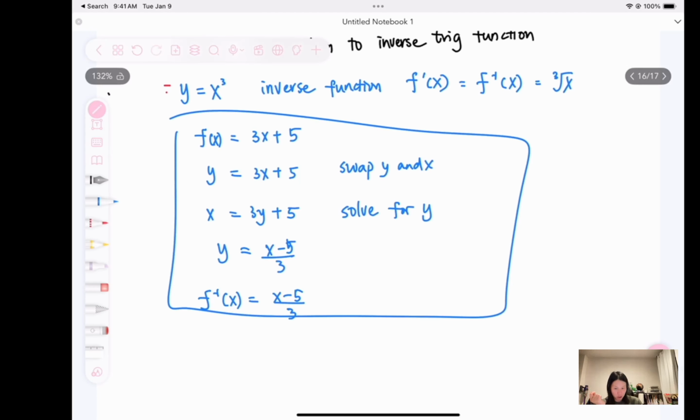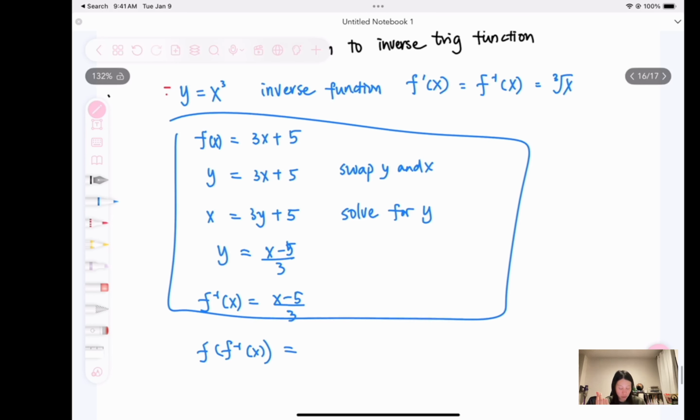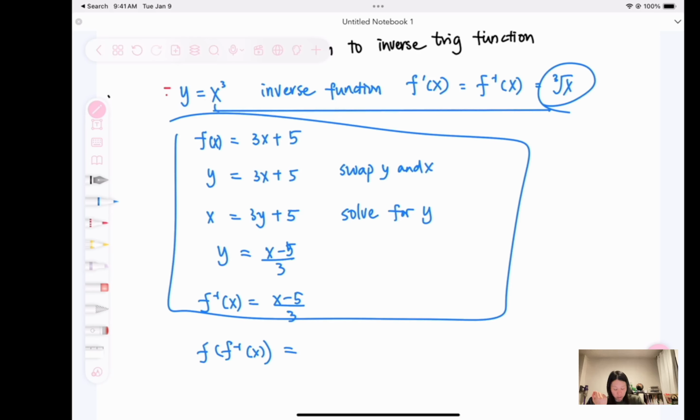Function composition: if we compose an inverse function into the original function, such as the cubic function, the inverse function is the cubic root of x, and I compose this into the original function. What you get is the cubic root of x, cubed, which gives you x, because the cubic root and the cubic power cancel each other out.